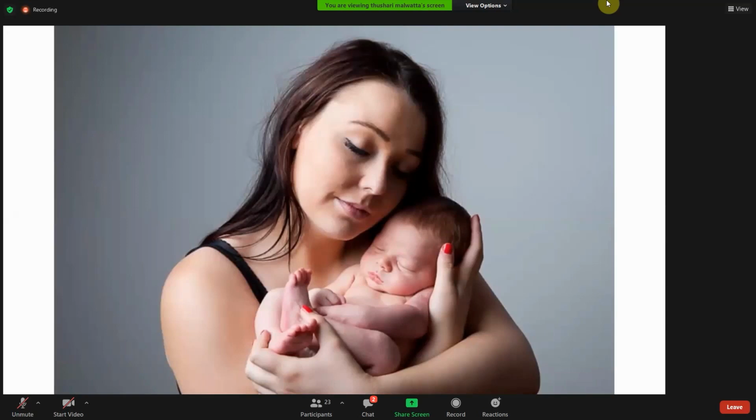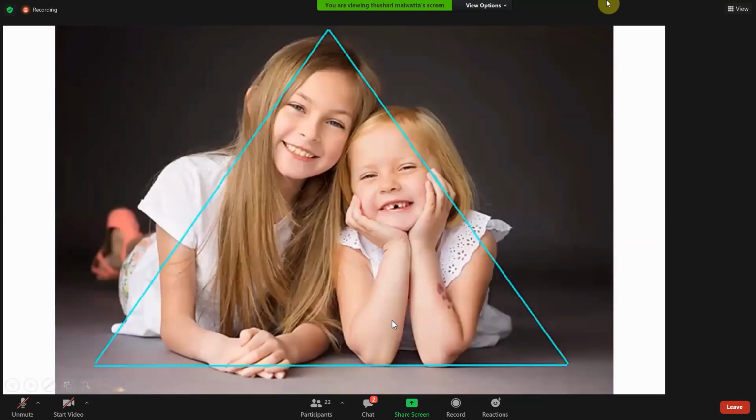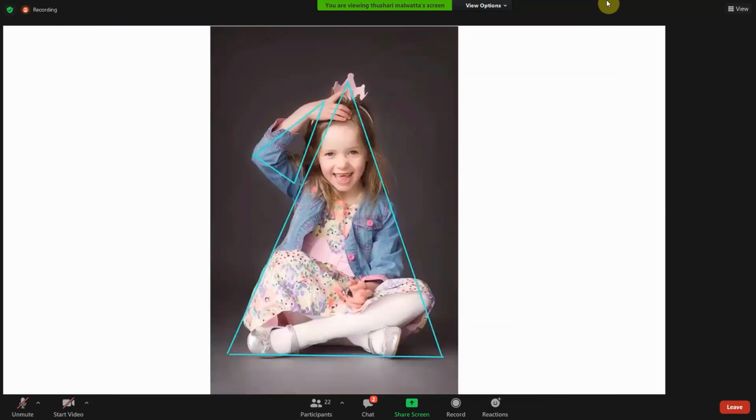This one. You see this triangle, and it is well focused on the mood and faces of the mother and the baby. See, composing triangles.